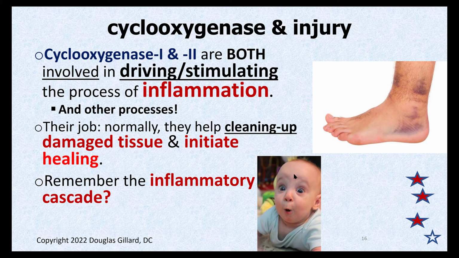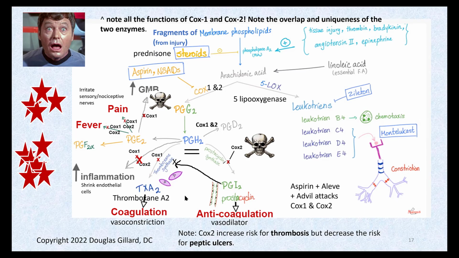All right, so both COX-1 and COX-2 are also involved in driving the process of inflammation, like a sprained ankle. More specifically, their job is cleaning up dead tissue and initiating the healing process. And that's going to bring us into the inflammatory cascade, which I do want you to, oh my God, you don't have to memorize everything here, but you should know a little bit about this inflammatory cascade.